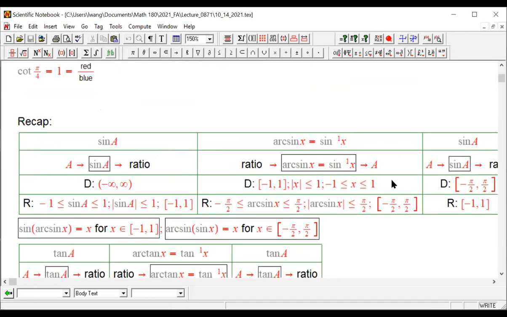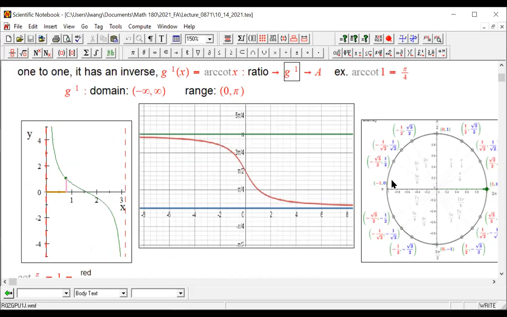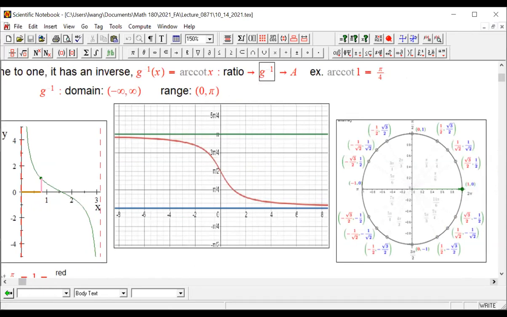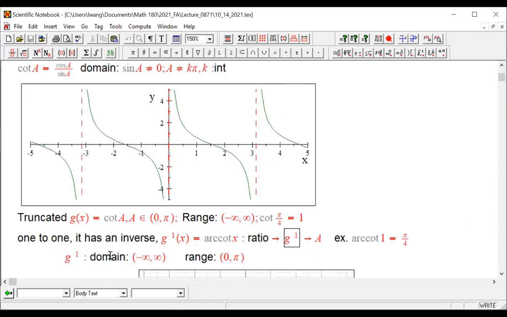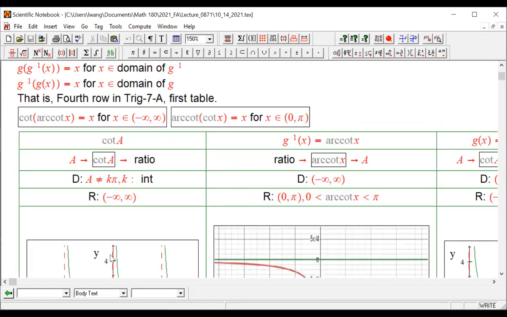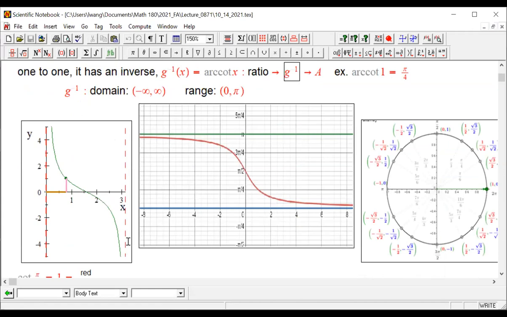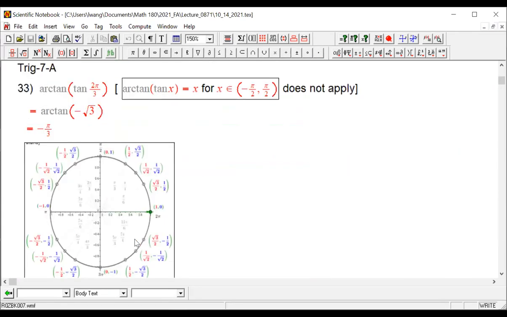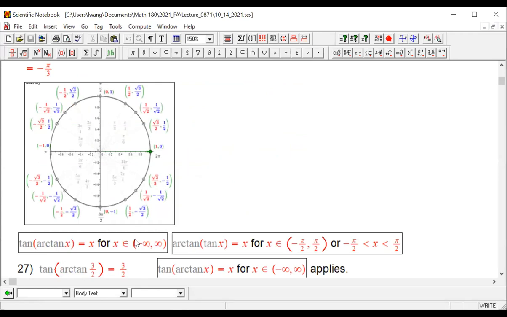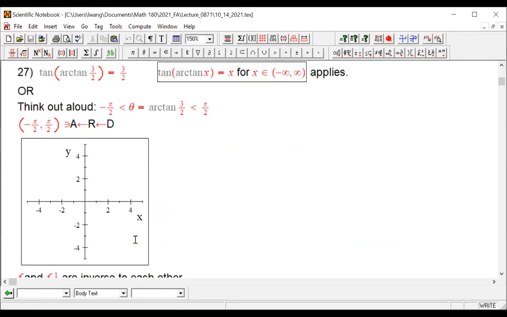Can we go over the points pi over 2, 0, 2 pi over 3, and then negative pi over 3? You mean the table I assigned as homework? No, like back in the points a little bit. Back to what point?